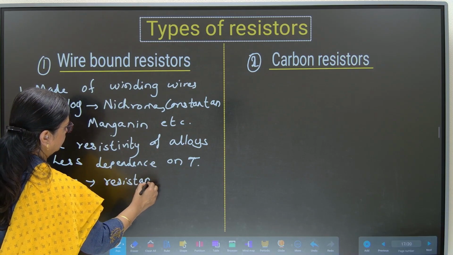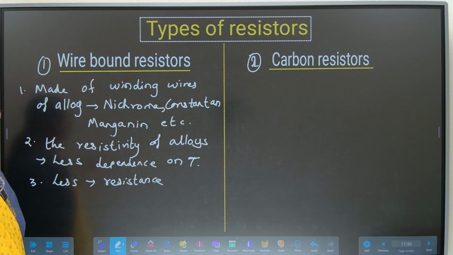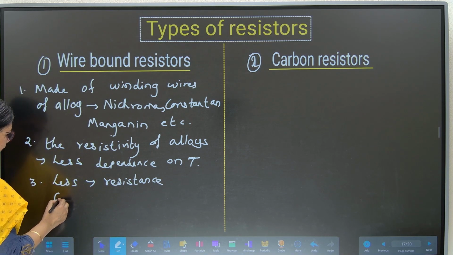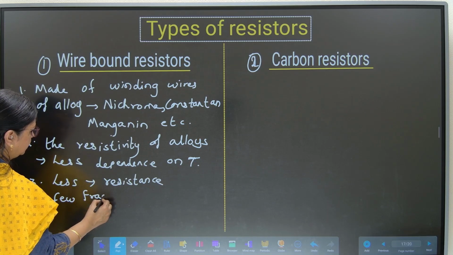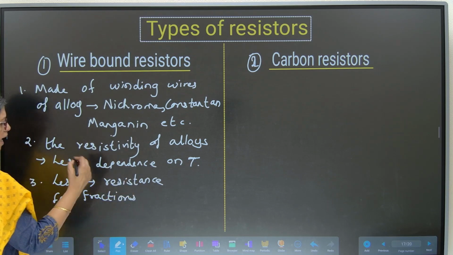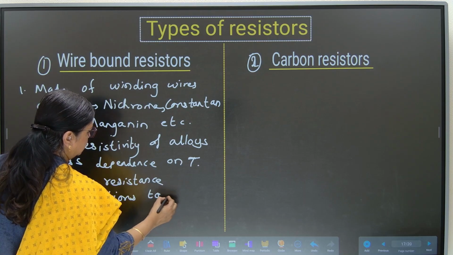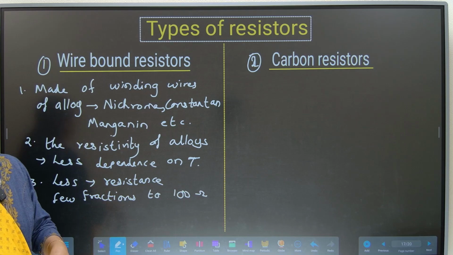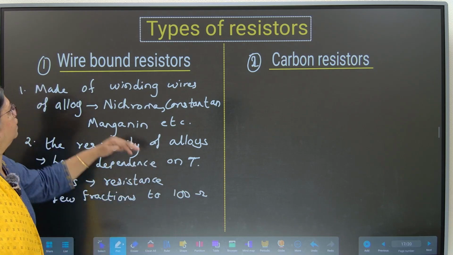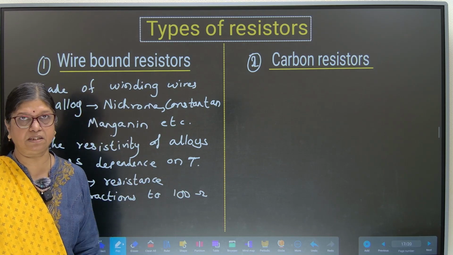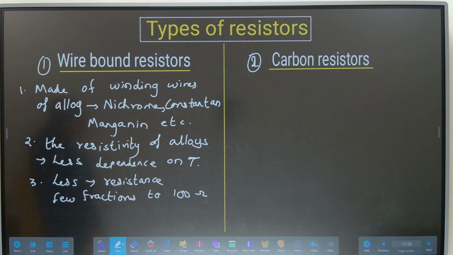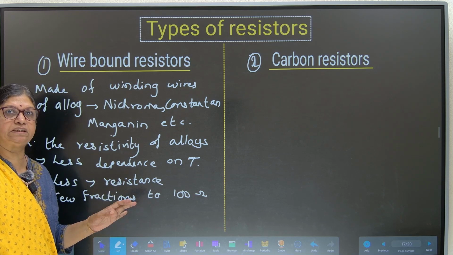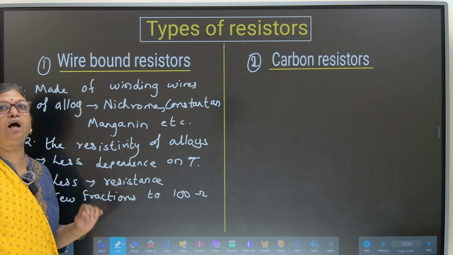That means if resistors with a very low value, from a few fractions of an ohm to 100 ohms resistance, are required, then we use wire bound resistors. Fine. So for low values of resistance, these wire bound resistors are used.